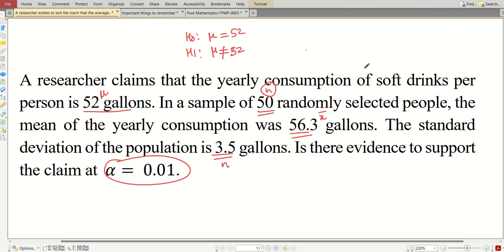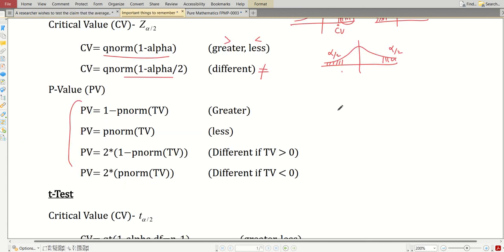This is the hypothesis, so the hypothesis is different here. Different means which formulas will we use? For the critical value, we use this one if TV is positive, and if TV is negative, the last one. These two formulae we will use here.